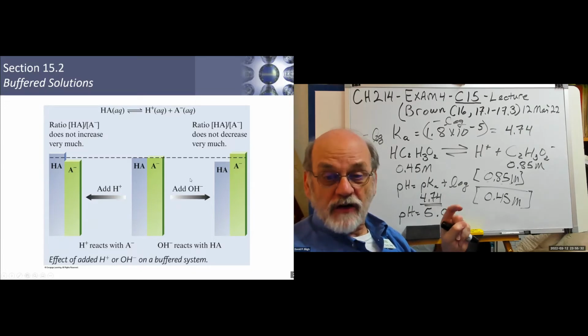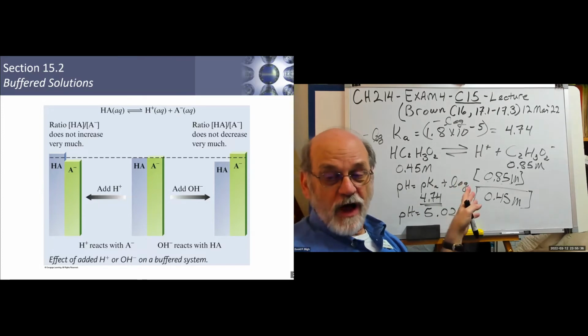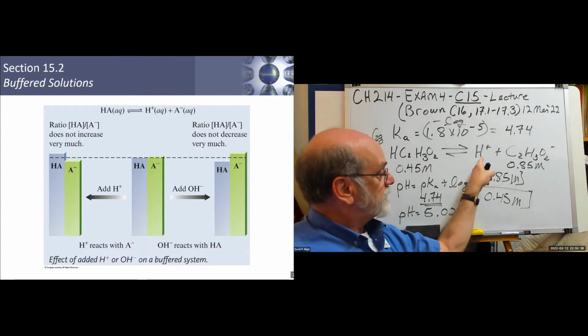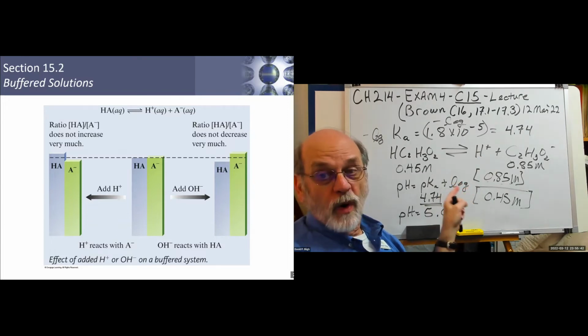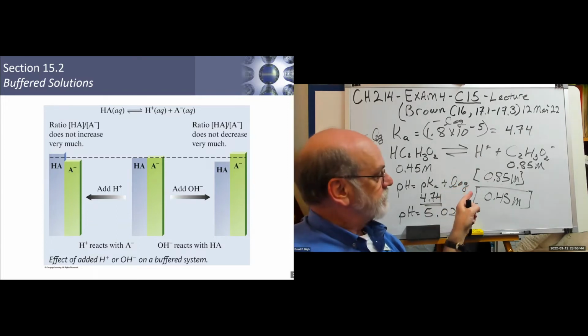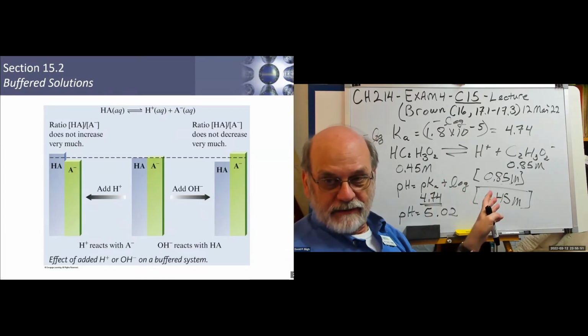If you add hydroxyls to this situation, what is it going to do? The hydroxyls in that case will be picked up by the hydrogen ions and make water. Okay. And in that case, what will happen?